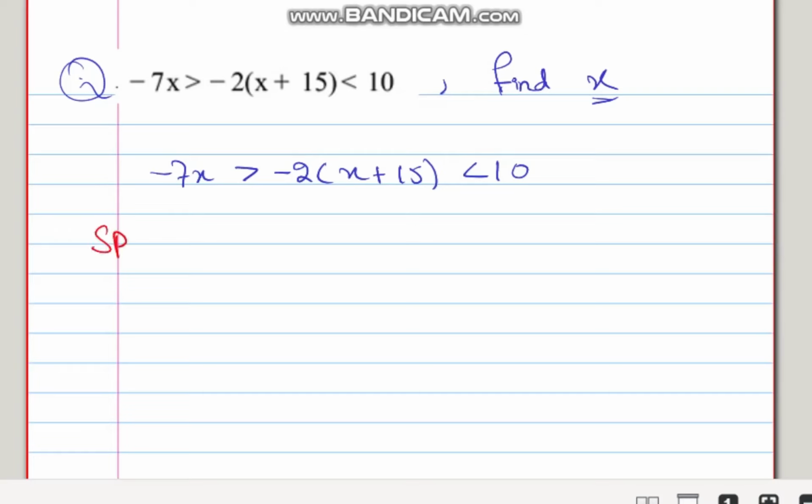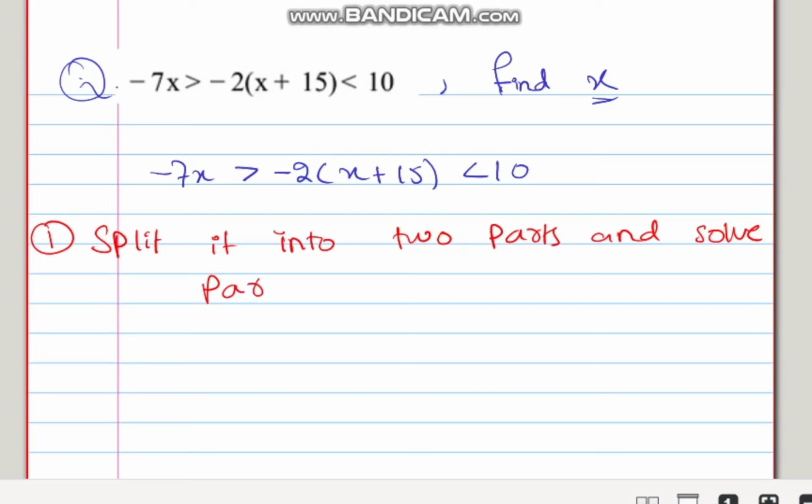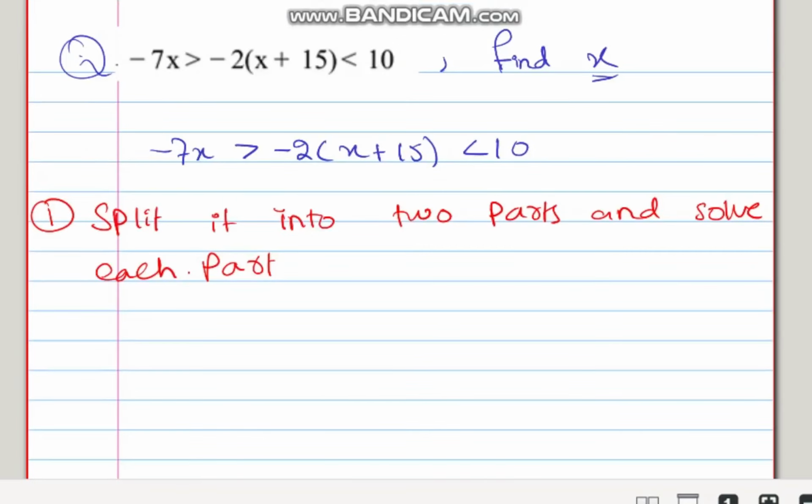If you have an inequality like this, just split. Step number one is to split it into two parts, then solve part by part, each part separately. This is the main thing in these inequalities.